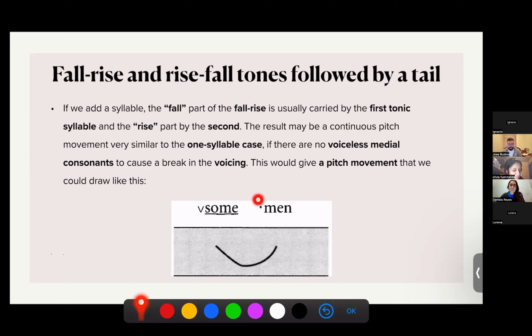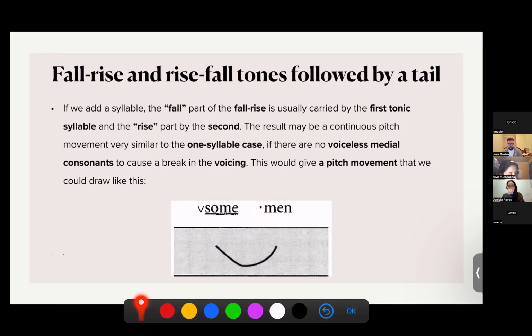It says that, for example, if the first speech sound is voiceless, it's going to cause a break. However, this bilabial speech sound is voiced. That means that we are going to have a continuous pitch. That's what it says.